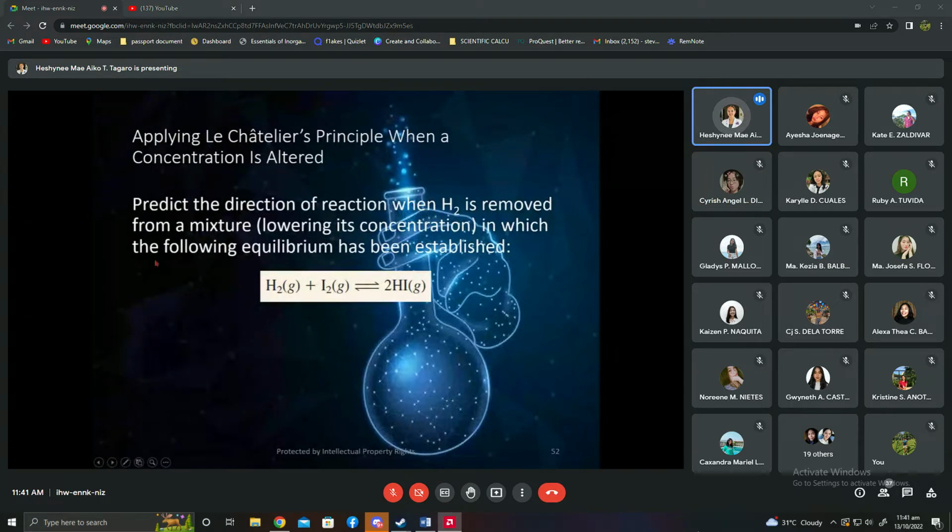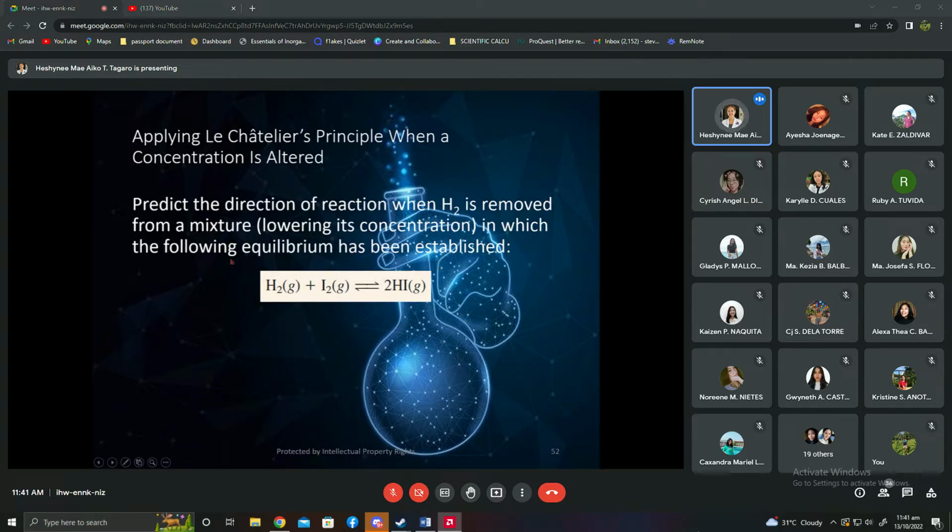Applying Le Chatelier's principle when a concentration is altered. Predict the direction of reaction when hydrogen is removed from a mixture in which the following equilibrium has been established. For better understanding, here is the chemical equation.